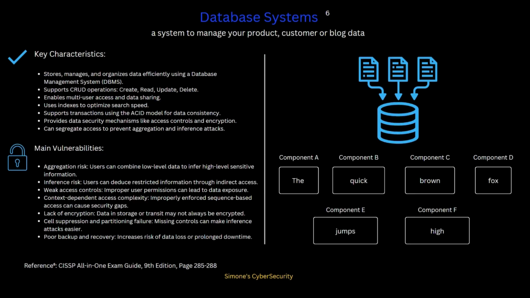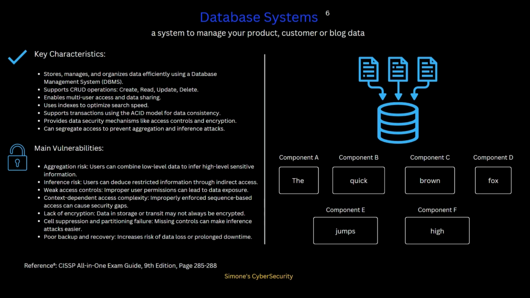Now, in this section, let's talk about the last system architecture, that is about the database systems. Database systems are the most critical components in any architecture because when we talk about databases, one thing you must remember is that they carry a very high hack value. Why? Because databases hold massive amounts of information.